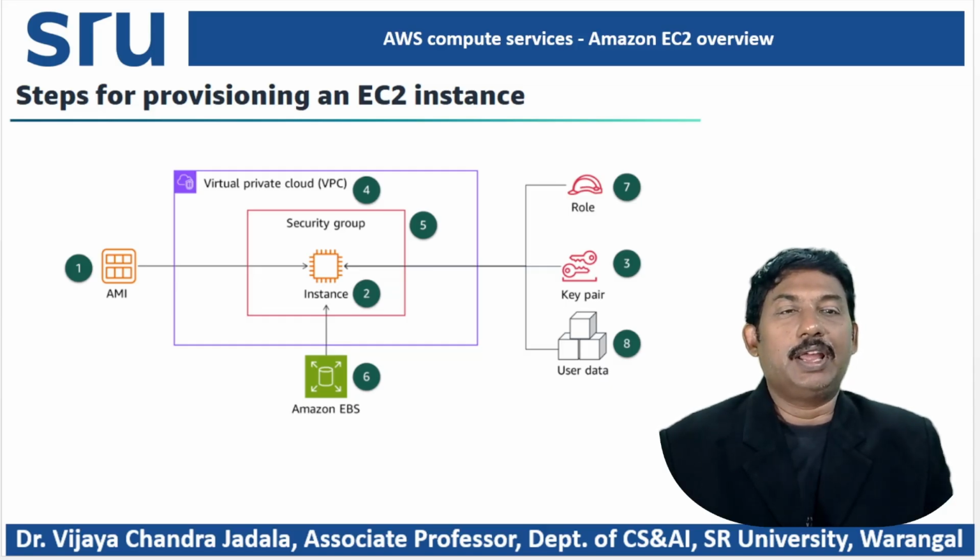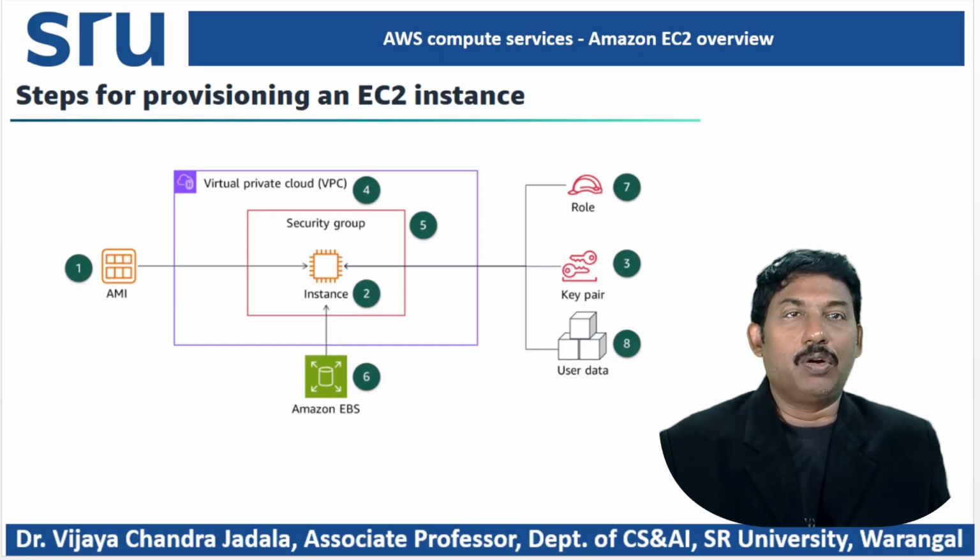Let's discuss in depth the steps involved in provisioning an EC2 instance. First, number one, it is the Amazon Machine Image which you have to choose. The Amazon Machine Image may be Linux, Amazon Linux, Windows, Unix, Ubuntu, or CentOS.